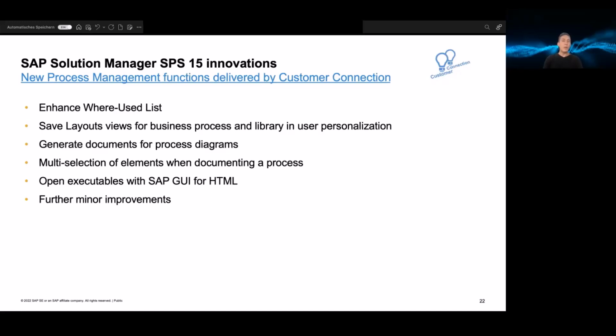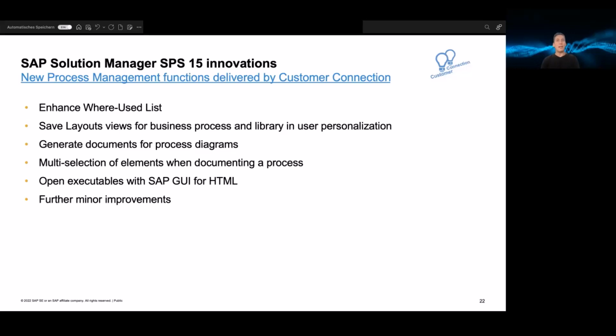So then also we allow customers to save their layouts depending on where they are in the documentation. If a customer is working more on the library documentation, he can have a more library or technical view.